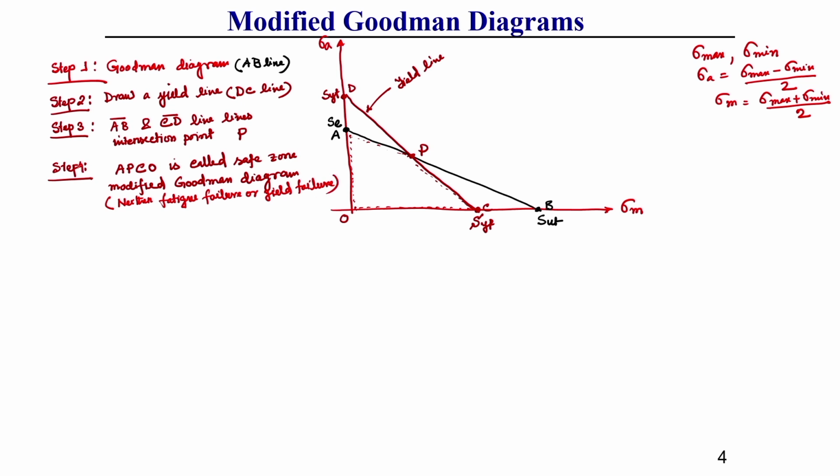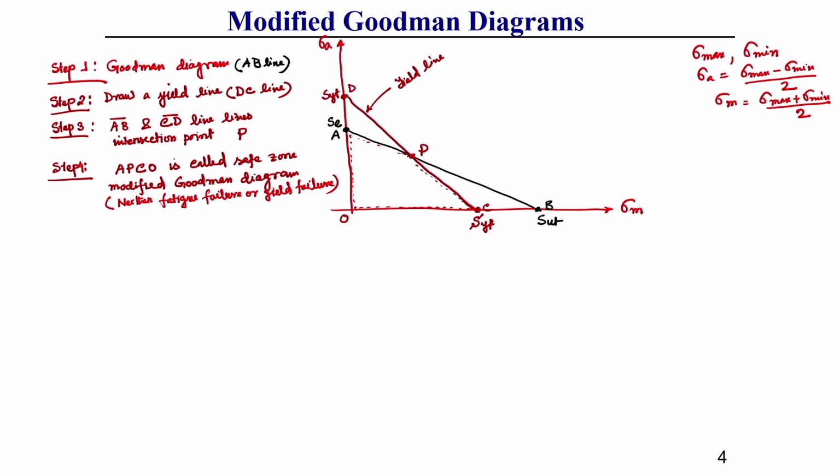This is step 4. So, here the modified Goodman diagram generally combines the fatigue criteria as represented by the Goodman line, you know, and the yield criteria as represented by the yield line.